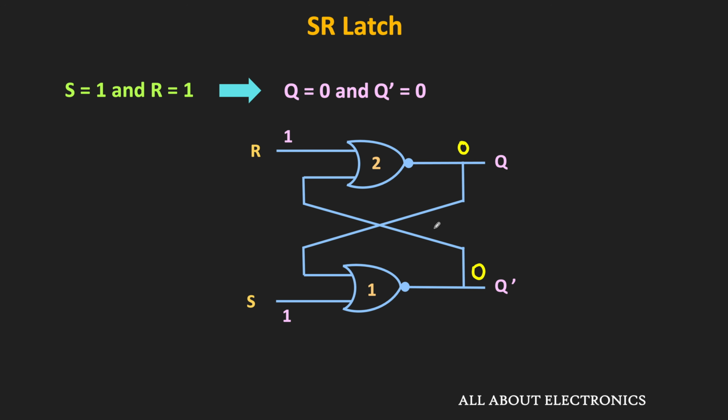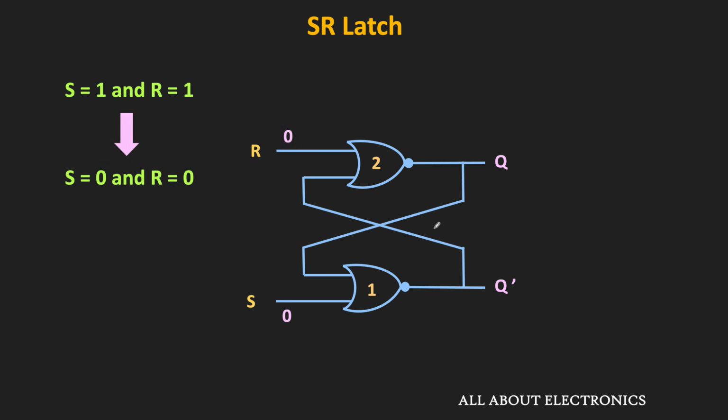But actually, since Q and Q bar are complementary, their values have to be different. But for this input combination, that is getting violated, and both the outputs are 0. So this input condition is forbidden and should not be used for the SR latch. Moreover, after this condition, when both S and R become 0, it is difficult to predict the output state of the latch.